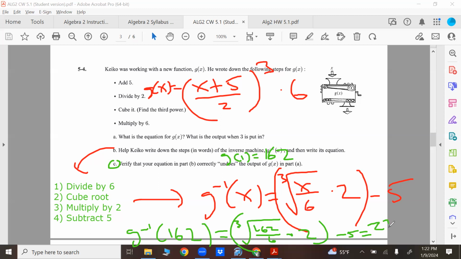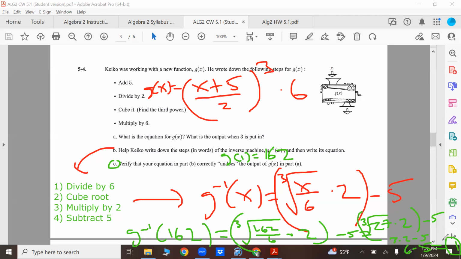Then the cube root of 27, my bad. It'll be 3 times 2, 6 minus 5 is 1. You get back to 1. Yeah, sorry, it's kind of tucked away there. But yeah, that makes sense.